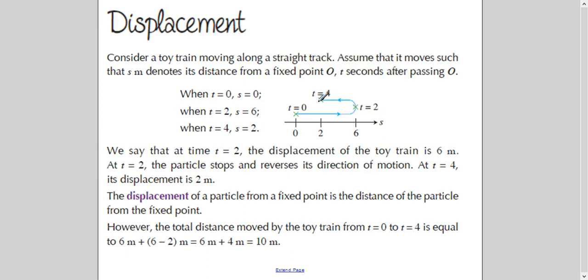And from 2 seconds to 4 seconds, it has covered 4 meters because 6 minus 2 is 4. So if I ask you what the displacement is, because it has come back till here, this was 6, this is 4. So displacement is 2 meters because displacement is the distance from the initial point to the final point. And distance is 6 plus 4, which is 10 meters.